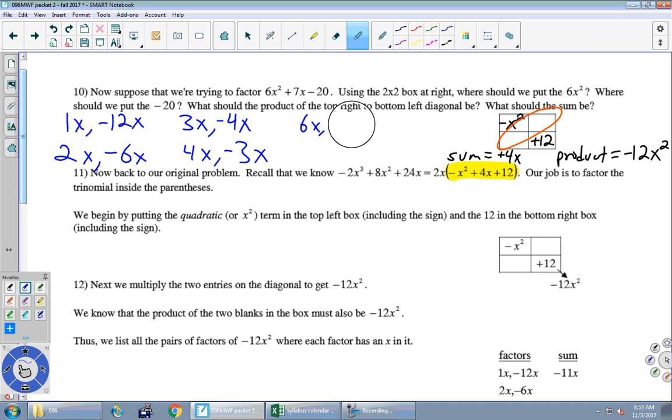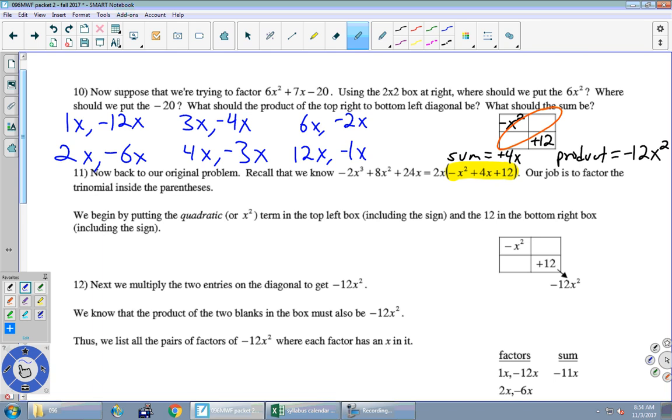Negative 2x. 7x? That's not going to work. 7 times something to get negative 12, not unless it's a fraction. 8x? No. 9x? 10x? 11x? 12x? 12x has a partner. What's the partner for 12x? Negative 1x.